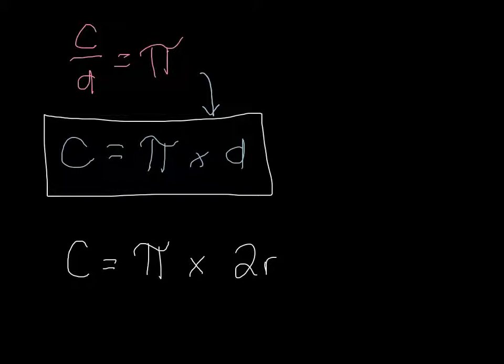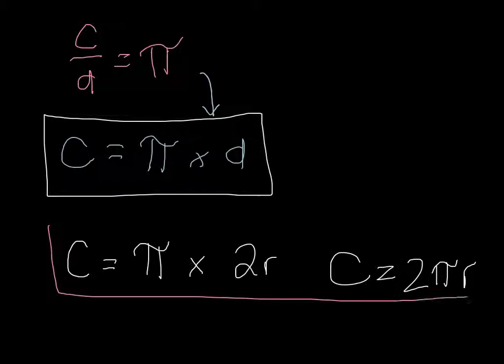Essentially what I've done is I've taken our diameter and said your radius times 2, because we know that's true about our diameter. Our diameter is our radius multiplied by 2. Or we could write this as circumference equals 2 pi r. Again, it's exactly the same thing. I've just taken the actual symbol of multiplication out. So these are the two formulas that you'll need to become pretty familiar with for this lesson when solving circles.